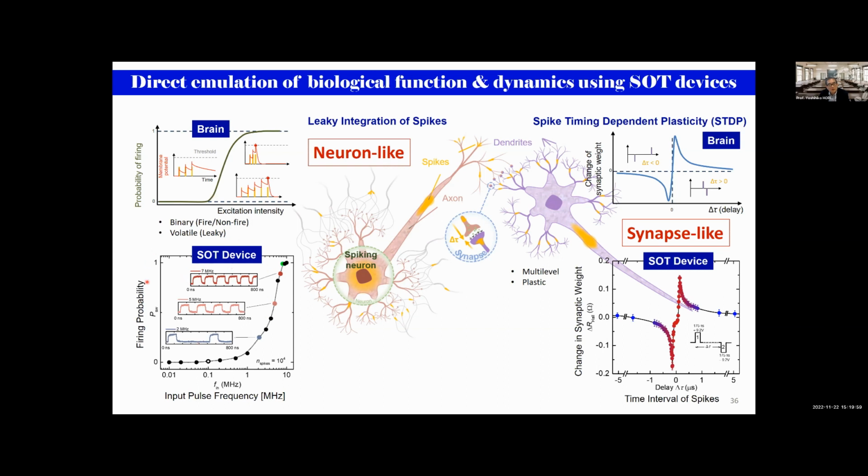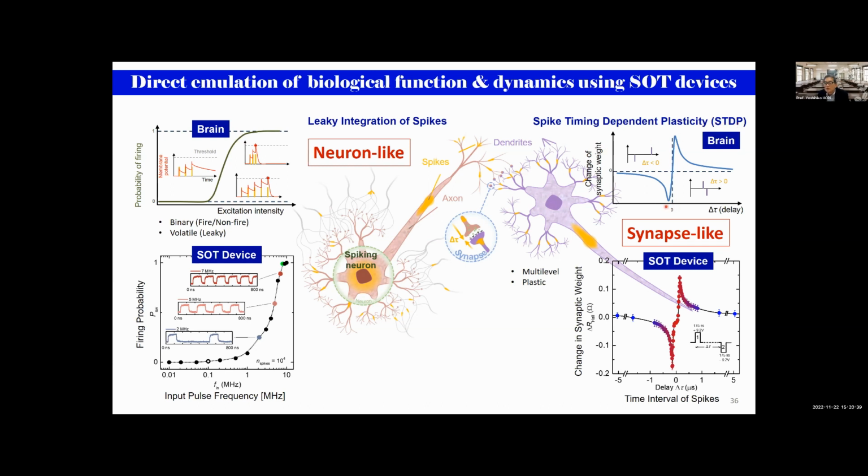The lower one shows the measured characteristic of our device, which also shows the same shape. This goes to saturation around here, so this is almost the same as a sigmoidal function. Okay, so this device also gives the neuron-like dynamics here. And how about a little bit larger device? So this is the spike timing dependent plasticity, so-called STDP.